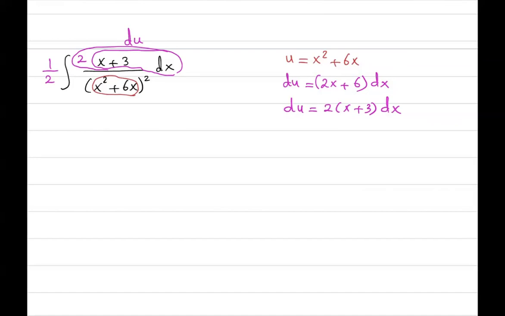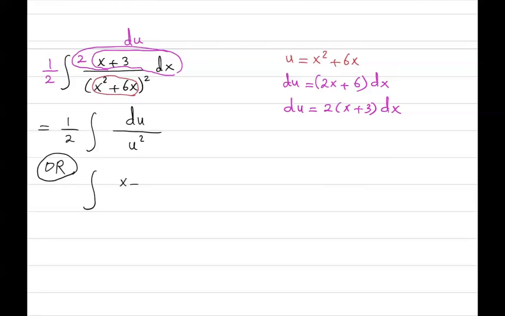So this can be written as a half integral of du divided by u squared, which is familiar to us. If you don't feel comfortable about this method, you can just basically write down dx as du divided by 2 times x plus 3. So let me write it down for you.